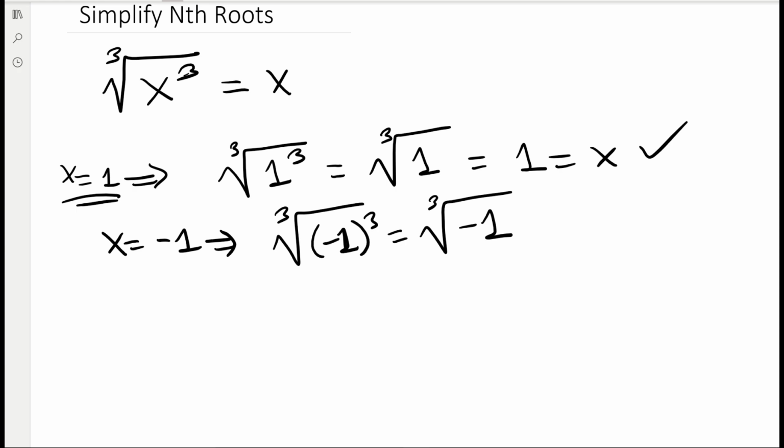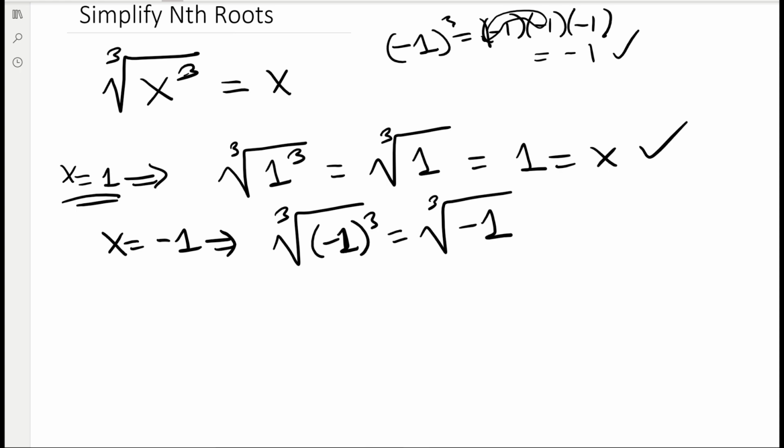Again, if you had trouble following that thought, -1 to the third is simply -1 times -1 times -1. Two negatives is a positive, but then a positive and a negative is a negative. So this is -1. Now if we want the cube root of -1, what's a number that you multiply by itself 3 times to get -1?